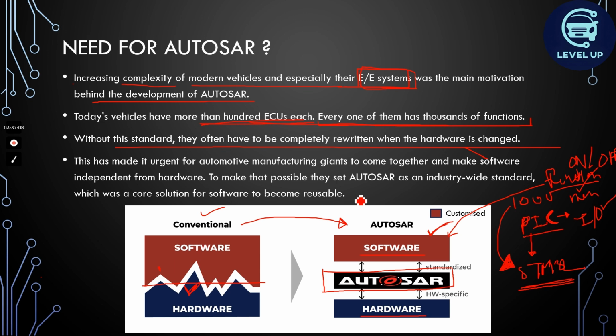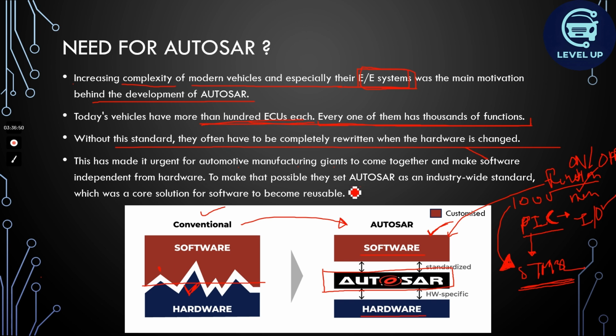So that's why this is a very complex thing happening, and so many companies are struggling. The automotive manufacturing giants, the big companies, came together and thought about how we can have a solution for that, and they implemented AUTOSAR.